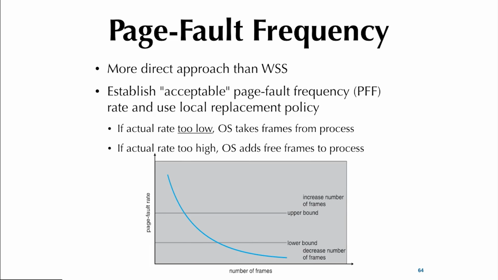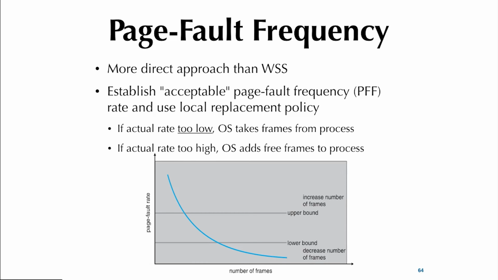It's not taking any page faults, right? Then I can probably afford to steal a number of frames and give them to some other process that may need them. Or if one process gets page faults more often than some upper bound, that means maybe it needs more frames.